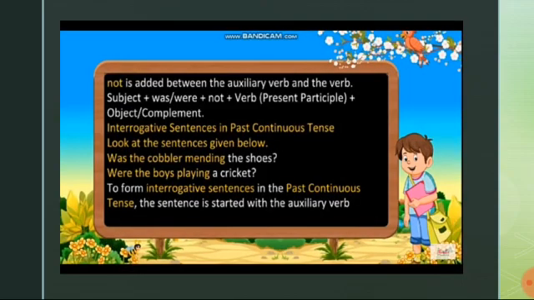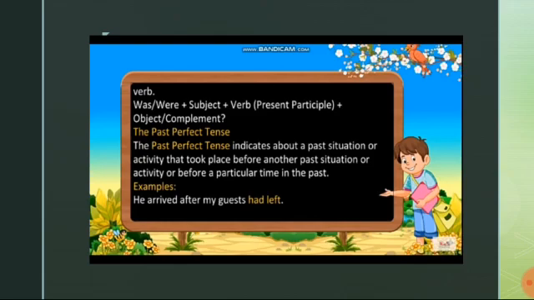And if we need to form the interrogative in past continuous tense, was or were will be used before the subject. So see, was the cobbler mending the shoes? Were the boys playing cricket? So whenever we are writing an interrogative sentence, the auxiliary verb or the helping verb will be used before the subject.